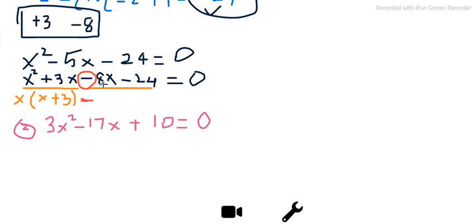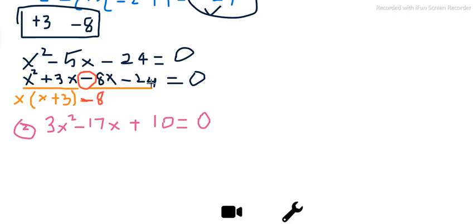Then we now look for what is common between 8x and 24. You can see that x does not appear in both, so x cannot be the factor that is common. 8 here, 24 here. We know that a number that can divide both 8 and 24, the highest number that can divide both, 2 can divide them, but that's not the highest number. 4 can divide them, that's not the highest number. 8 can divide them, so 8 is the highest number that can divide them, so we bring out 8.